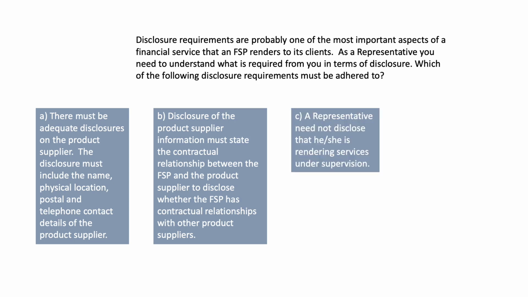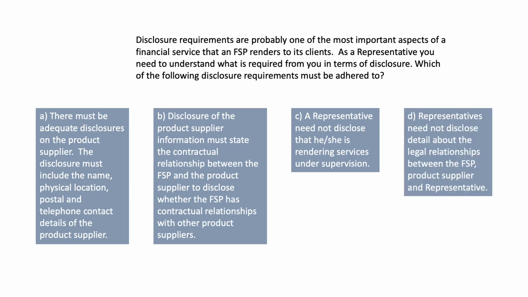C. A representative need not disclose that he or she is rendering services under supervision. D. Representatives need not disclose detail about the legal relationships between the FSP, product supplier, and representative.